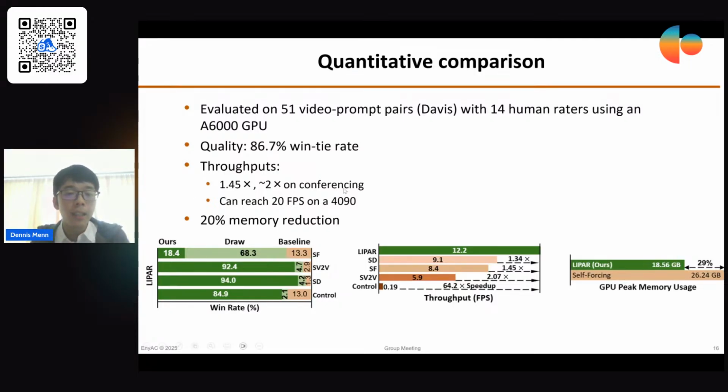We later tested on a 4090, and we found that we can reach 20 FPS, as I demonstrated at the beginning of the presentation. And we also have a 29% memory reduction in GPU peak memory usage.